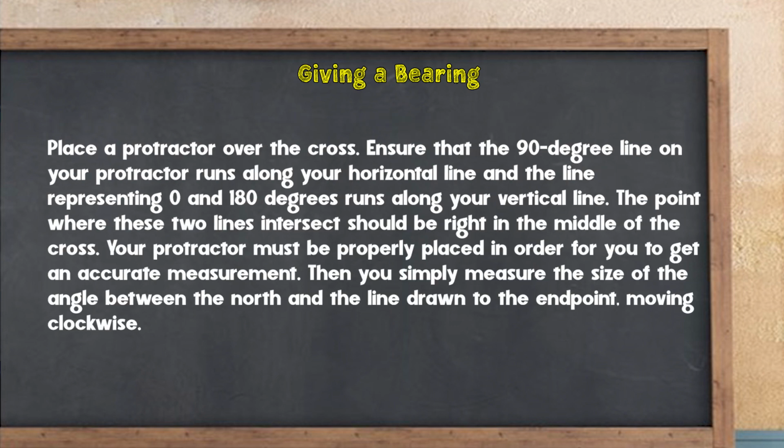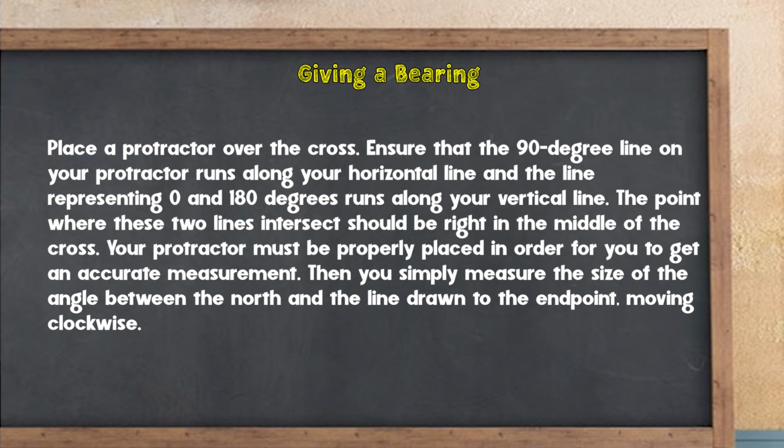Place a protractor over the cross. Ensure that the 90-degree line on your protractor runs along your horizontal line, and the line representing 0 and 180 degrees runs along your vertical line. The point where these two lines intersect should be right in the middle of the cross.